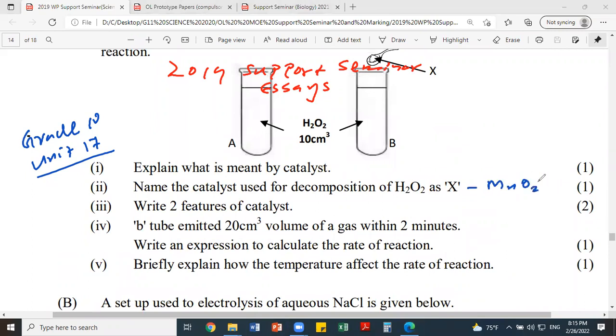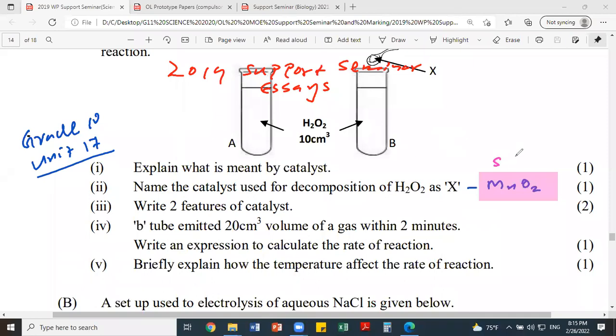Manganese dioxide. Who can tell me, other than manganese dioxide, any other substance we can use to increase the rate of this reaction? Any volunteers? Yes, Mishal? SiO2. Yeah, very good, Mishal.